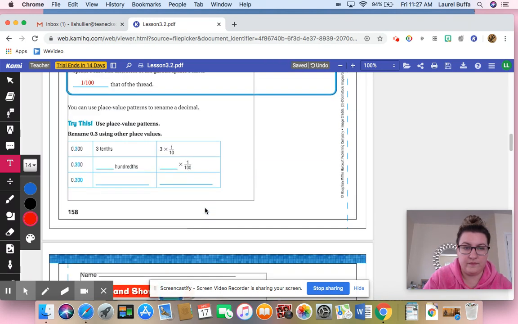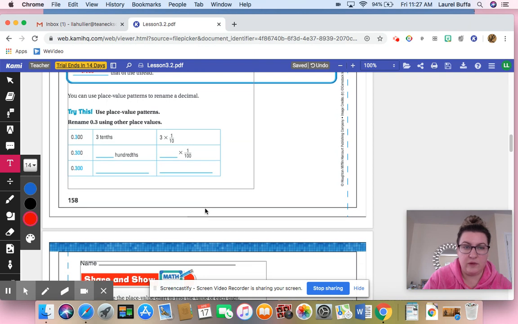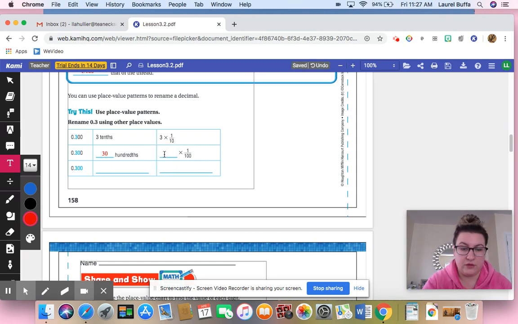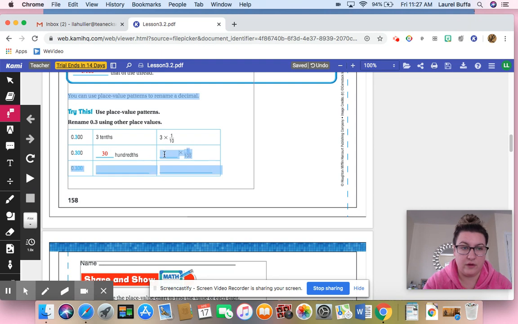All right. And again, we have a similar chart here using 3/10 for other place values. So 0.300 is how many hundredths? That would be 30. So 30 times 1/100.